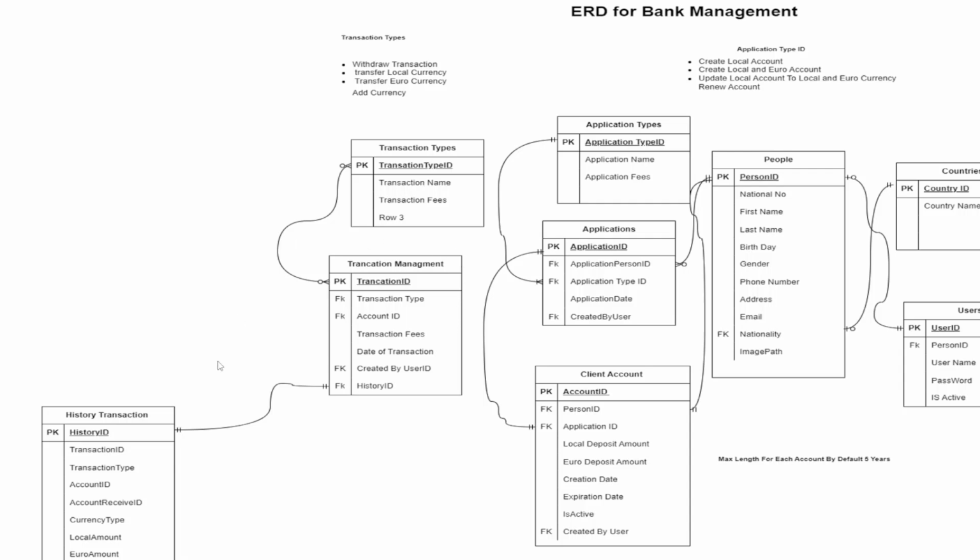The transaction management table, we have here transaction type, account ID, transaction fees, date of transaction, created by user, and the history ID.